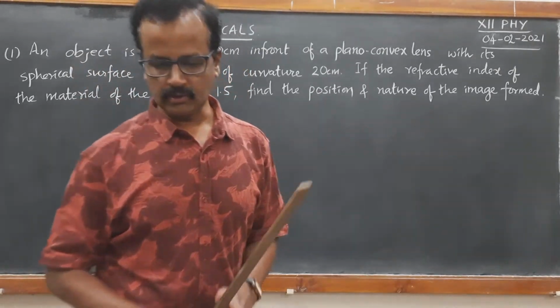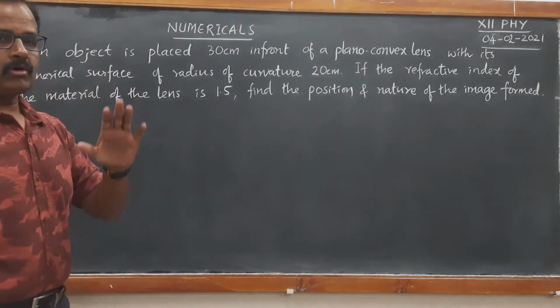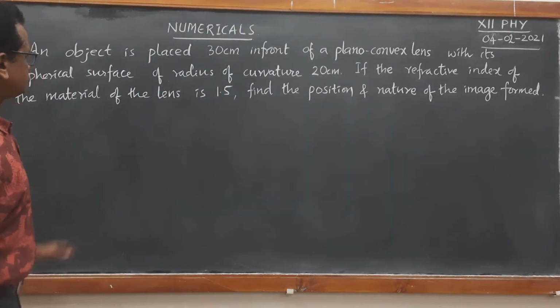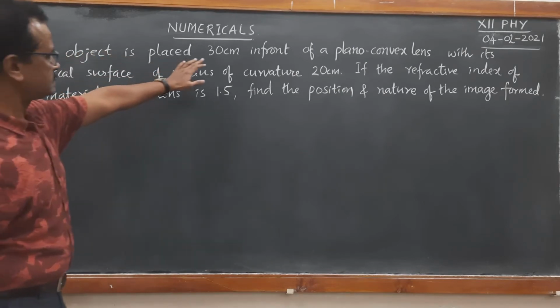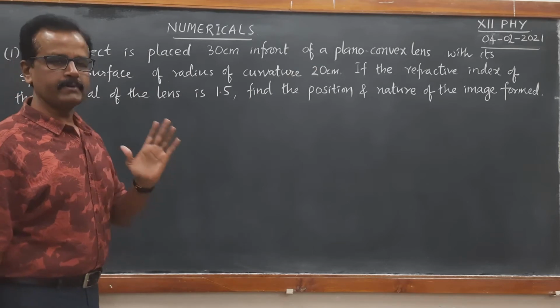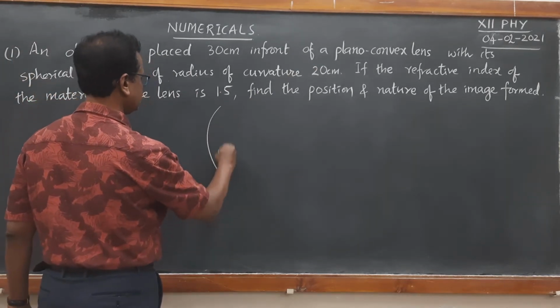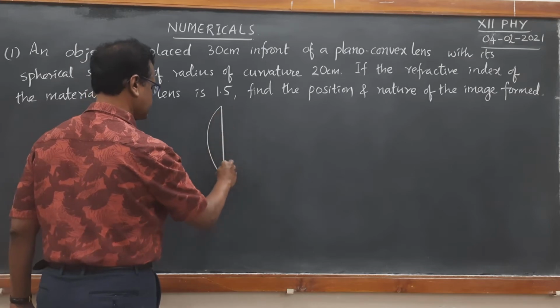Okay. So now first you should try to draw one rough diagram. An object is placed 30 cm in front of a plano-convex lens. So it is a plano-convex lens. One side is having convex surface, another side it is having plane surface.